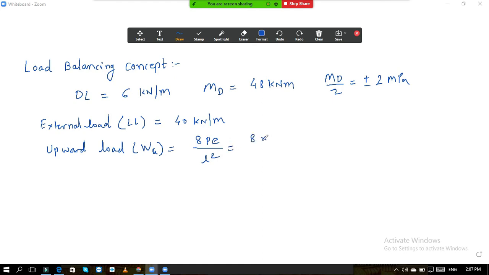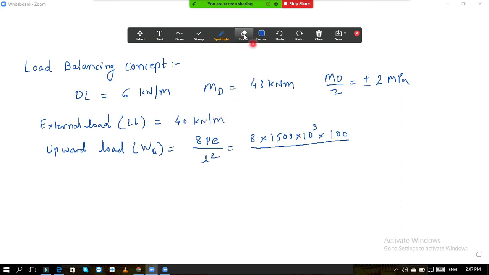So 8 into P into E, where E is the eccentricity. What is the value of eccentricity? It is 100. Divided by L square. Now all these values are in Newton, but this 40 is in kilonewton per meter, so we will keep all the values in kilonewton per meter. Otherwise, if we calculate the answer in Newton mm, then we need to convert this also in Newton mm.